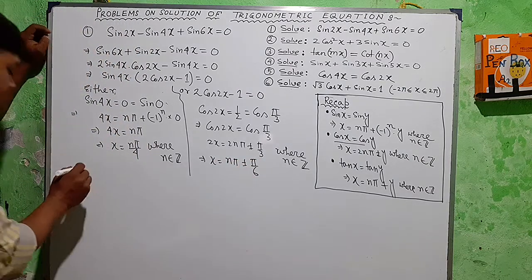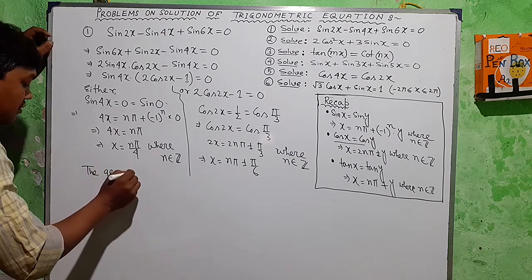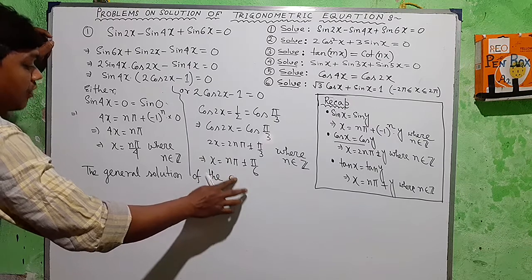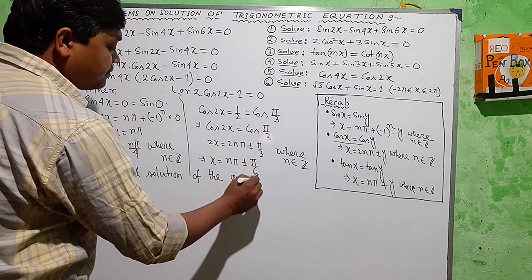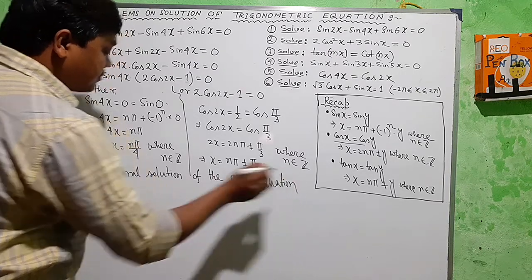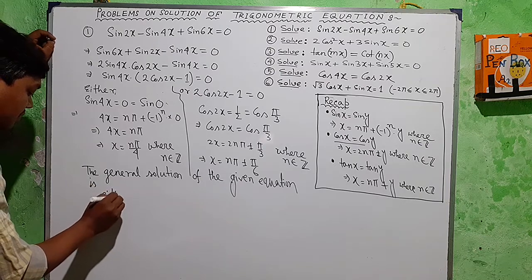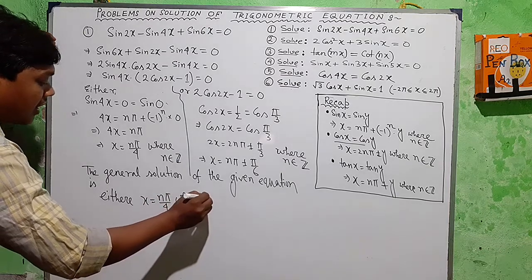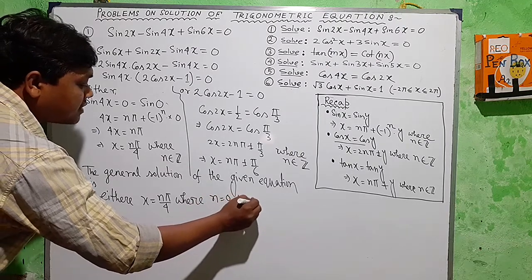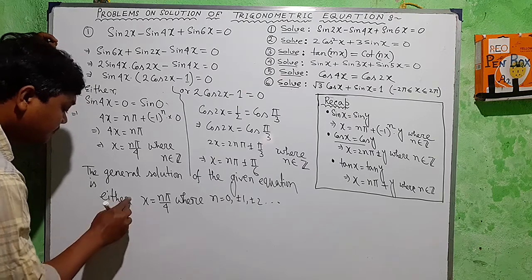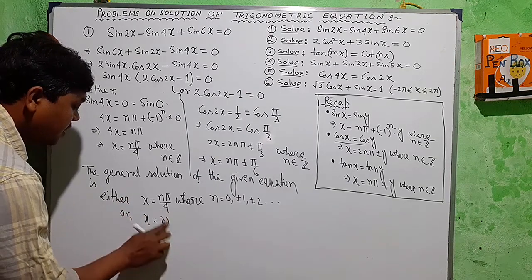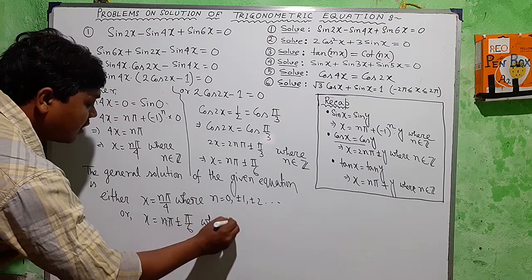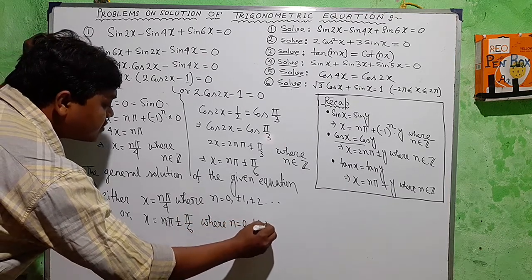So the general solution of the given equation is either x equals n pi by 4, where n belongs to Z, or n takes the values 0, plus minus 1, plus minus 2, and so on, or x equals n pi plus minus pi by 6, where n equals 0, plus minus 1, plus minus 2, and so on.